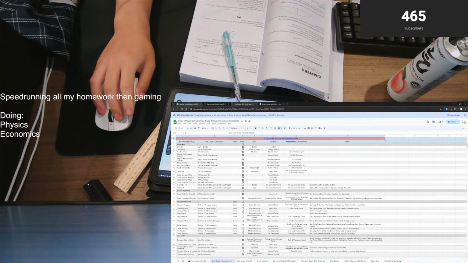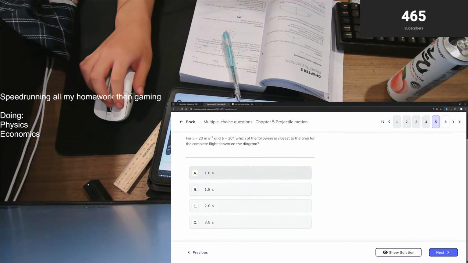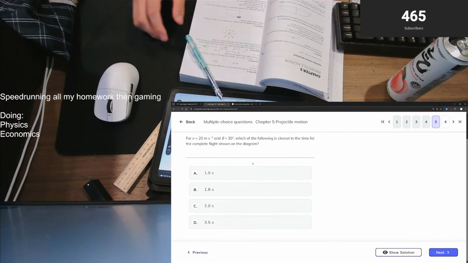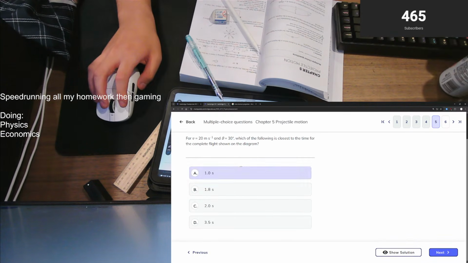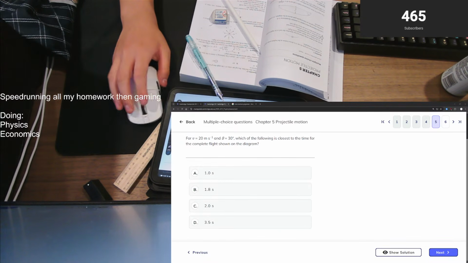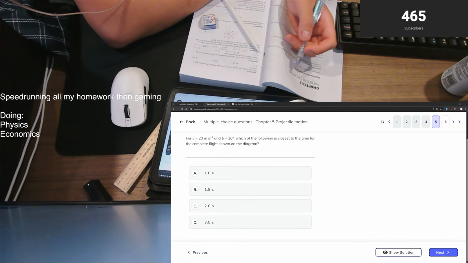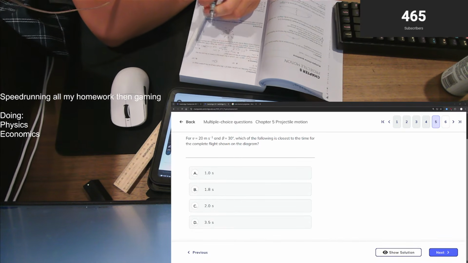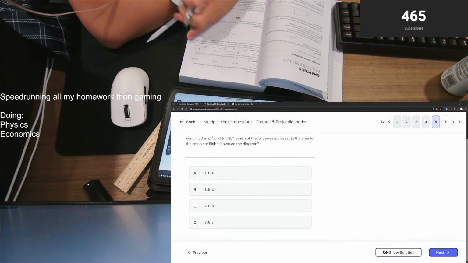But I don't know what formula to use. How do I find it using Suvat? Final is 10, initial is 10, acceleration is 9.81, and then I got time equals to 0.